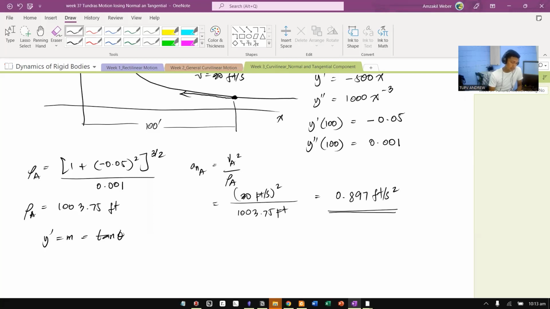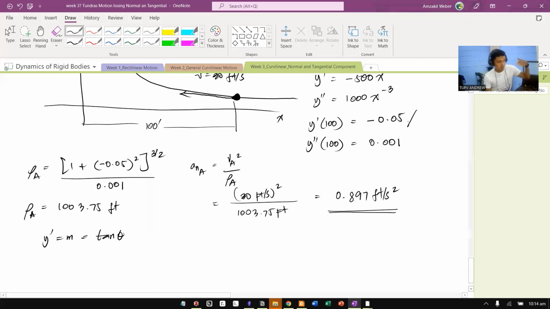We need to find the slope at x equals 100, which is negative 0.05.